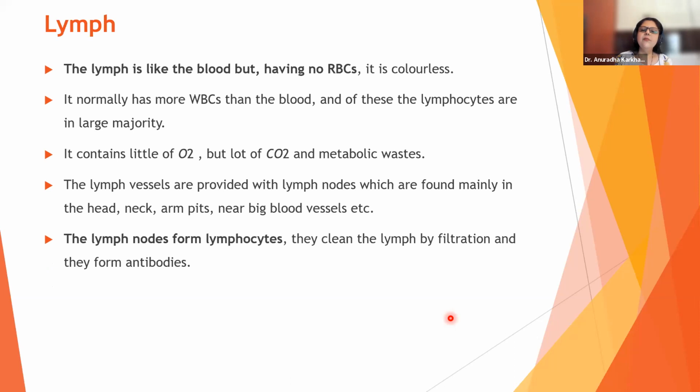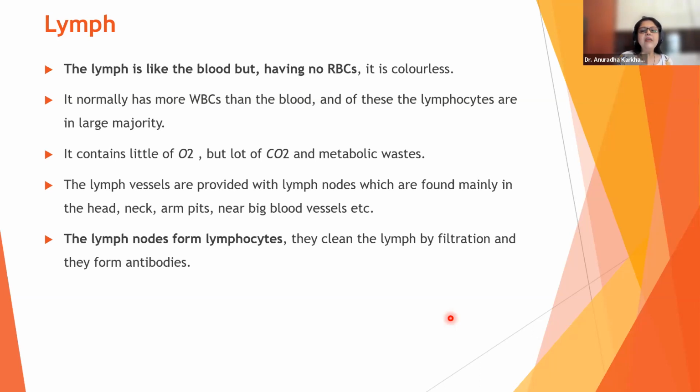The lymph vessels are provided with lymph nodes which are found mainly in the head, neck, armpits, near the big blood vessels, etc. So as I told you, the areas where we sweat a lot are the areas where lymph nodes would be present. Neck region, armpits, बहुत ज़्यादा पसीना आता है उस area में. क्यों? Because it is loaded with this lymph nodes.